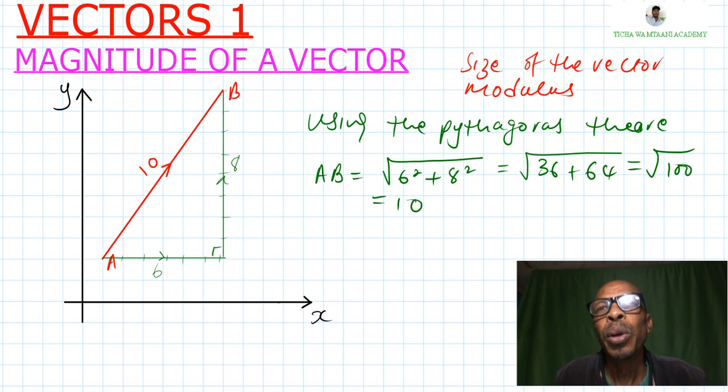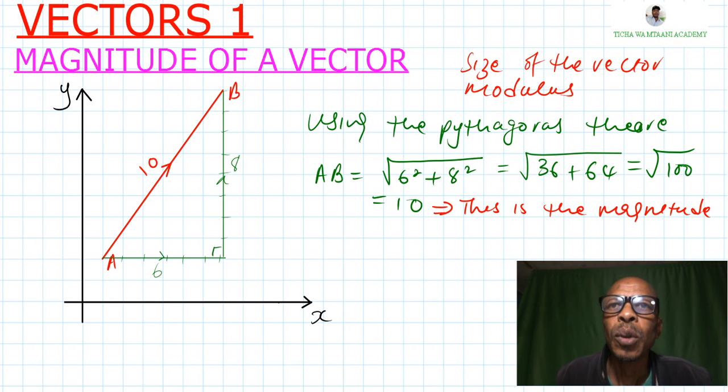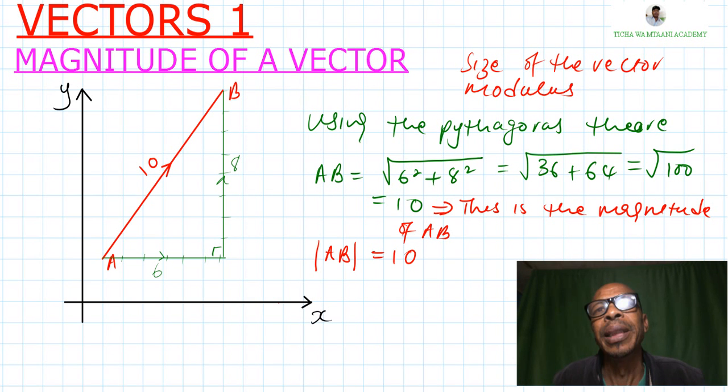This is the magnitude of AB. We write it like this: magnitude of AB is equal to 10 units.